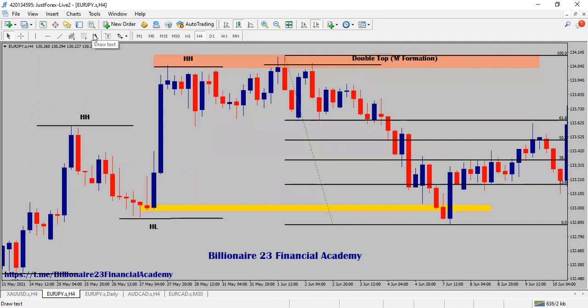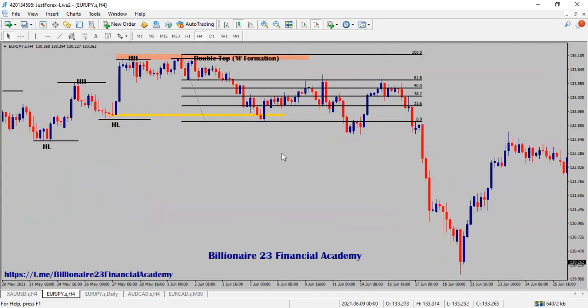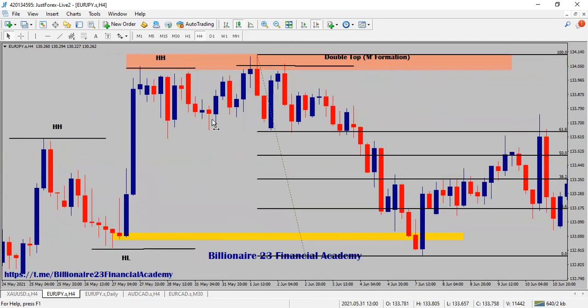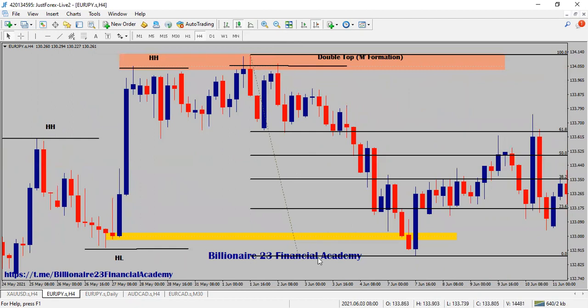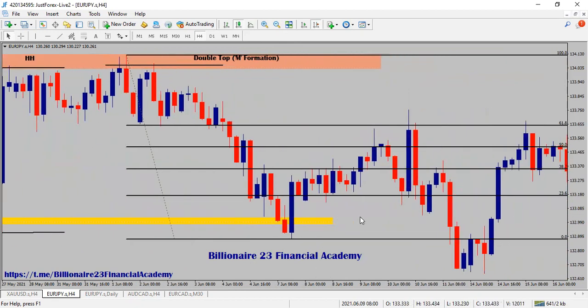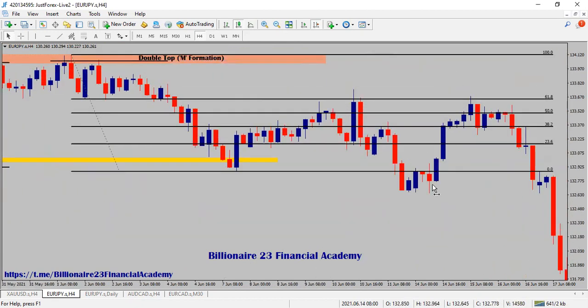Here, price broke through the higher low with body candlesticks. So that's what you would do. You start from the highest point to the lowest point, and then you wait for an entry either at 38.6, at 50%, or at 61.8.